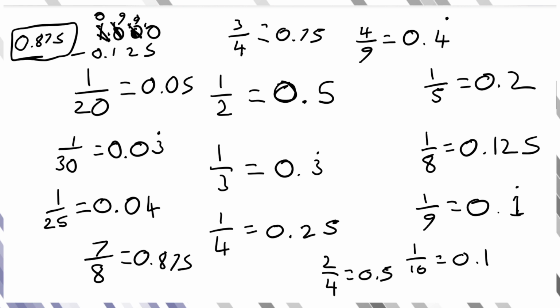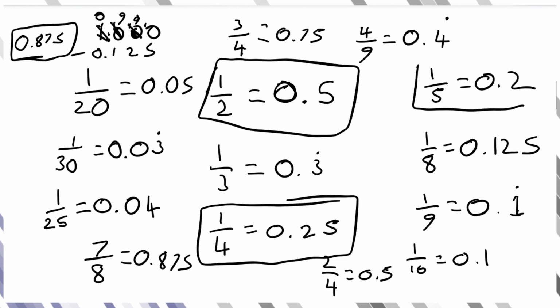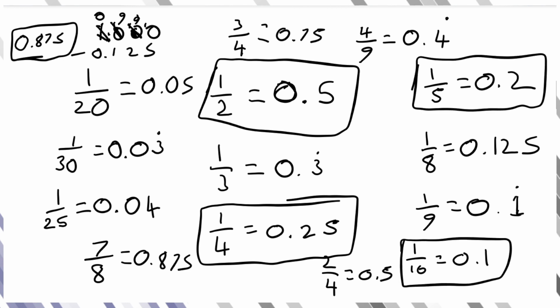And that's it. So definitely commit as many of those to memory as you can. If that's something that you're going to struggle with, then the most important ones are a half, a quarter, a fifth, a tenth, and maybe a third as well. Those 5. So if nothing else, commit those 5 to memory.